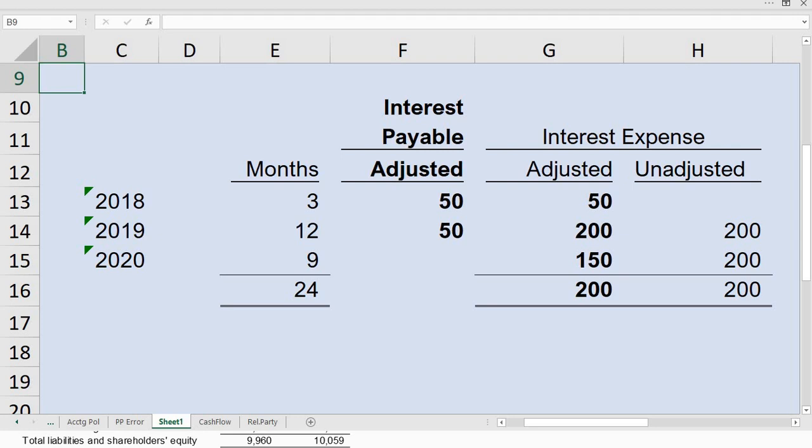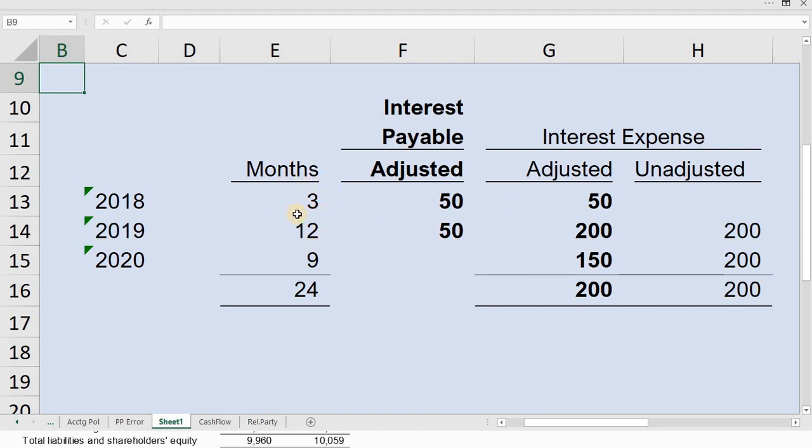So the notes payable has a 2-year maturity. It means that the interest should be recorded in 2 years. So that will be 24 months starting the issue date, which is on October 1, 2018. So in 2018, the months the interest were incurred is 3 months.